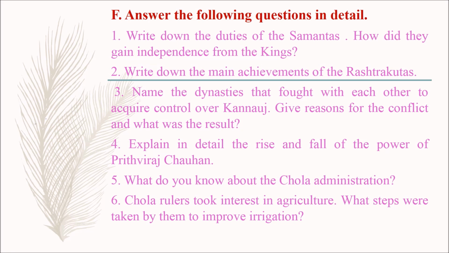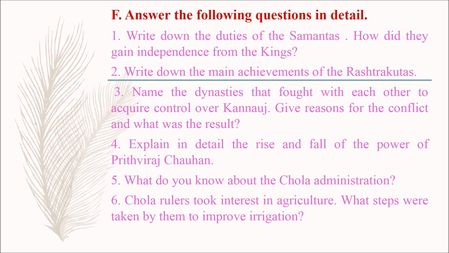Section F. Answer the following questions in detail. Question number 1. Write down the duties of the Samantas. How did they gain independence from the kings? Question number 2. Write down the main achievements of the Rashtrakutas. Question number 3.